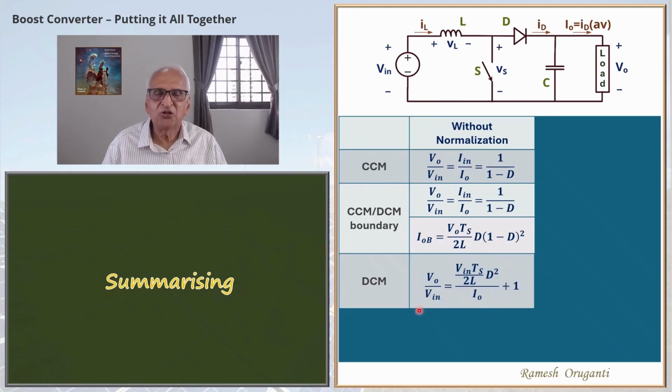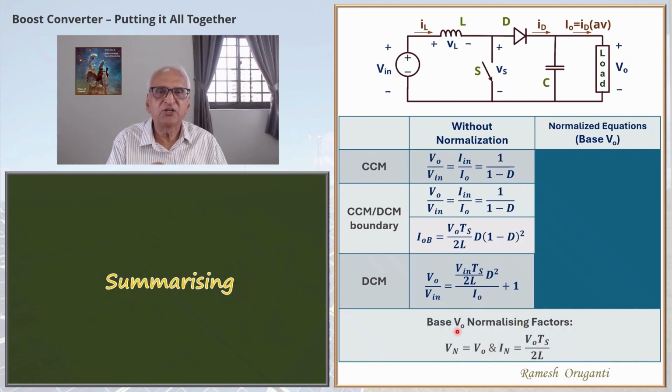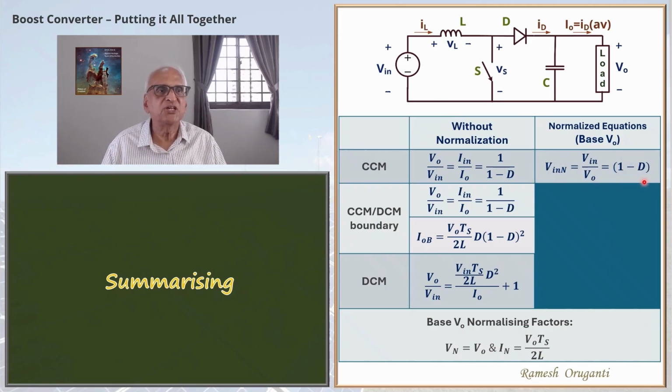Next we will present the normalized equations. The normalization factors in this base V0 normalizing scheme is Vn equals V0, the output voltage, In equals V0 TS by 2L as we saw. The CCM normalized equation can be written as V in N, the normalized input voltage, equals Vn by V0 equals 1 minus D. The same equation is valid for the CCM DCM boundary also.